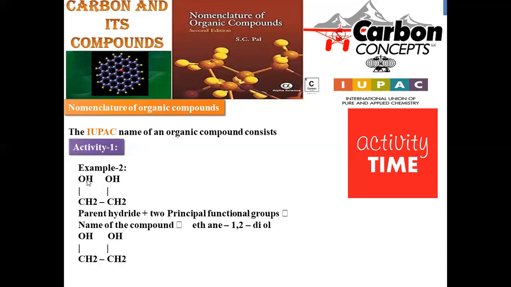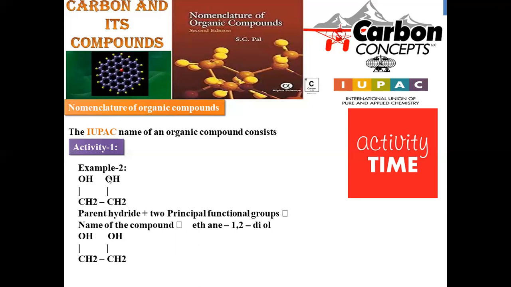Is there any other compound where we have OH groups and 2 carbon atoms? The root word will again be eth only. But how many ols are there? 2 ols are there. Where? On the first carbon and the second carbon. That's the reason for 1, 2. Both are the same, right?